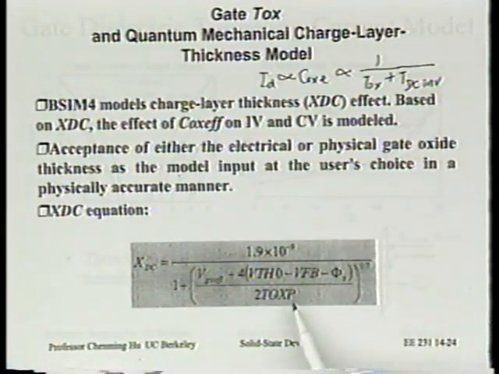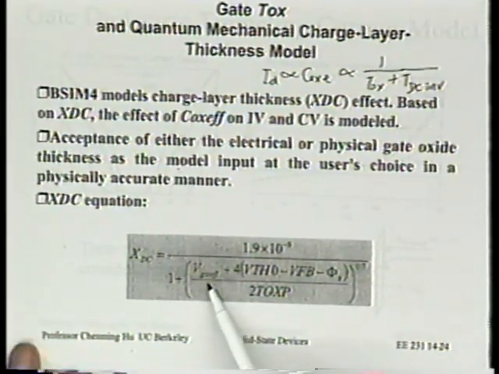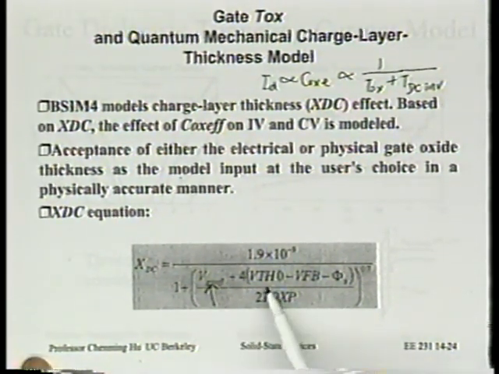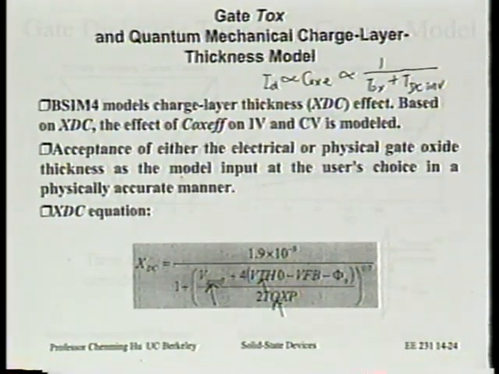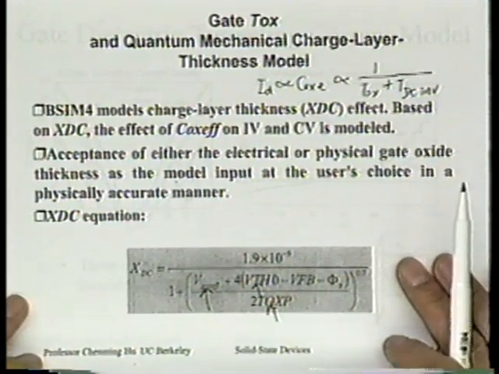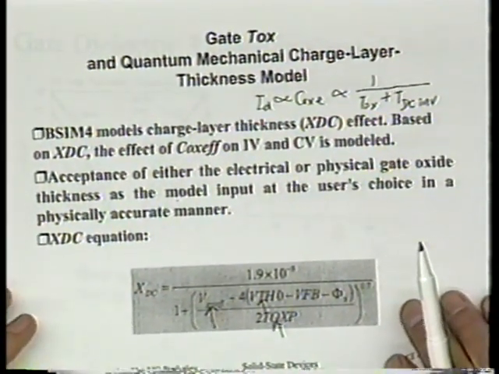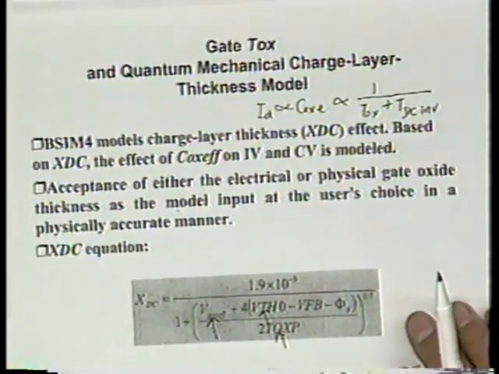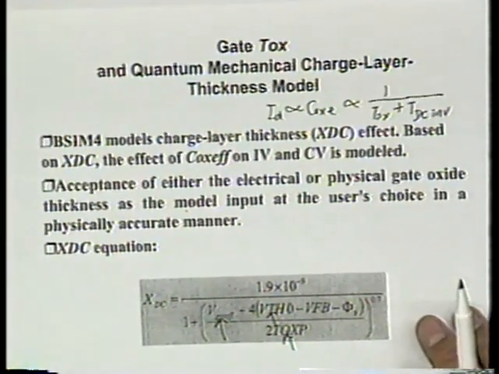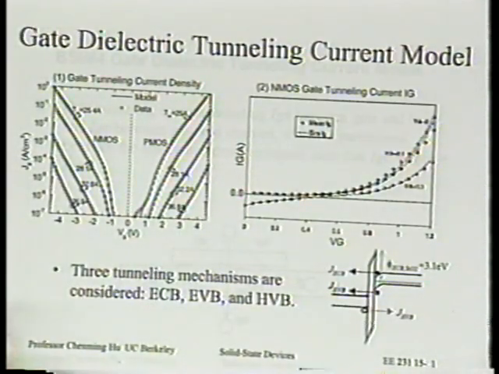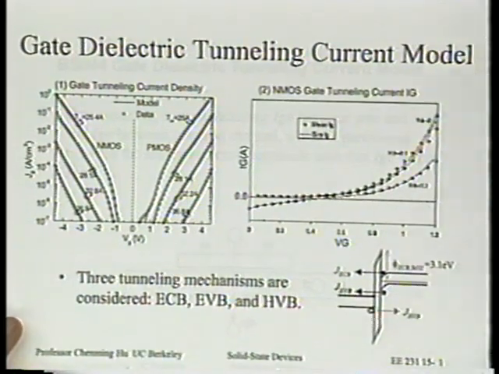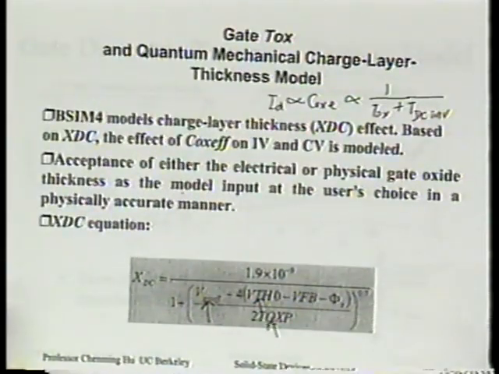And that itself is a function of VG, okay? Also a function of threshold voltage and a function of oxide thickness. So this, we think, is going to make a real difference in the accuracy when the oxide thickness is comparable to, or not much larger than, the inversion thickness. Is that right? Okay. So that's the last slide of today's lecture.